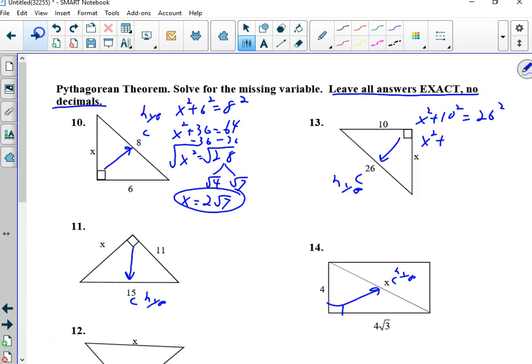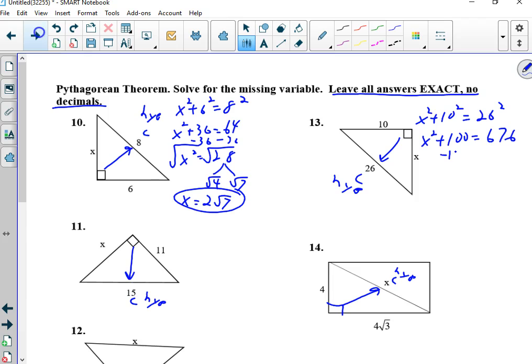X squared plus 100 equals 676. Now, I must warn you, and some of you did this on the first quiz, please be careful not to try to do too much in your head, because a lot of people had the habit of going to 776.